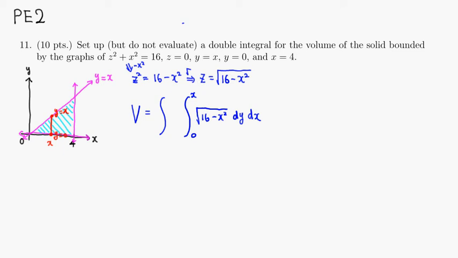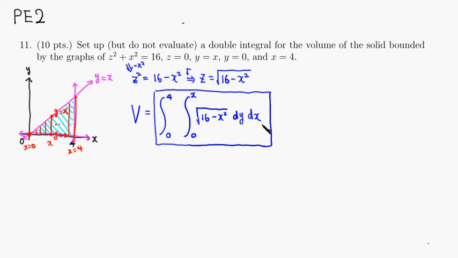Then to sweep the entire triangular region, x is going to start from 0 and go all the way to x equals 4. So x is going to go from 0 to 4. This is the double integral for the volume of the solid described above. Alright, that's it. I hope that this was clear.